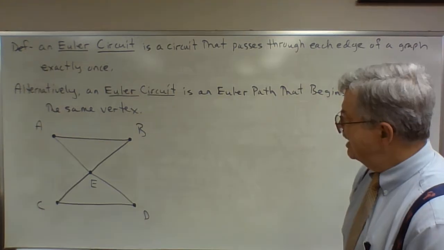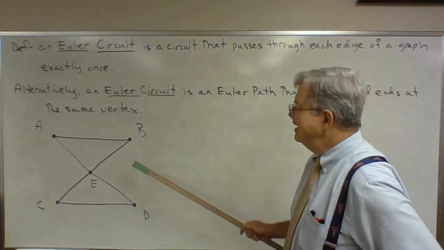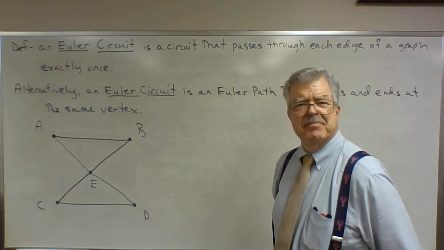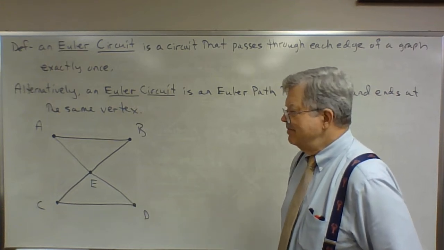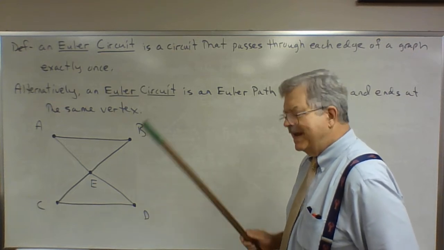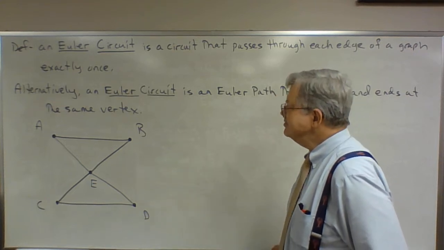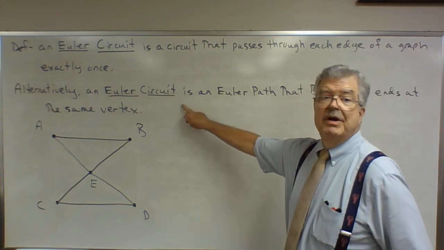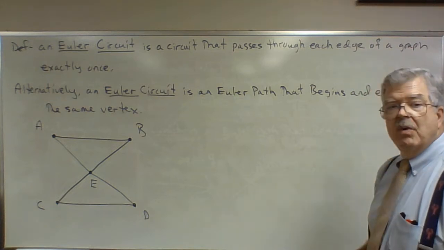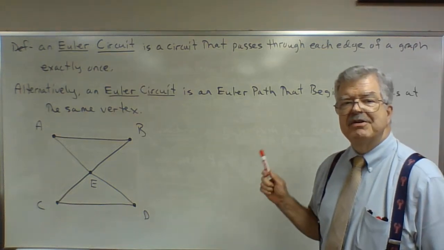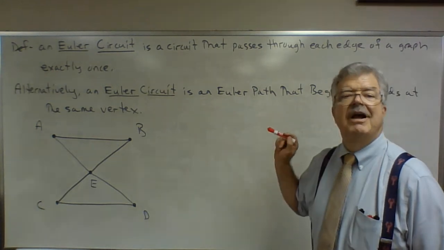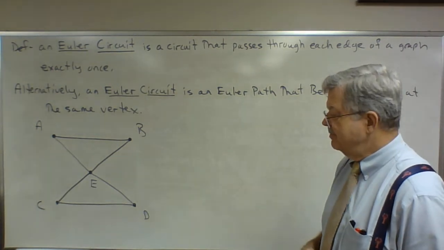Now let's look at an example. Here's a nice example to start off with, and we have our old friends A, B, C, D, and E. Boy, I bet I'd be a psychologist's nightmare. But anyway, we're going to try to draw an Euler circuit. We're going to pass through every edge exactly once, and we're going to end up right where we started.